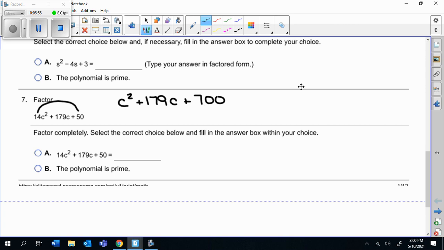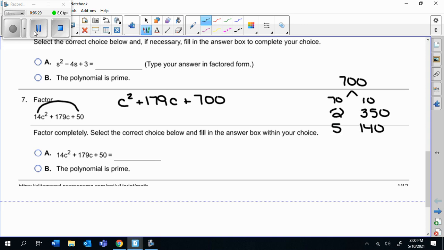I might have to pause our video. So it is going to be 70 times 10, 2 times 350, 5 times, doing this all over the place, 5 times 700 divided by 5 is 140.